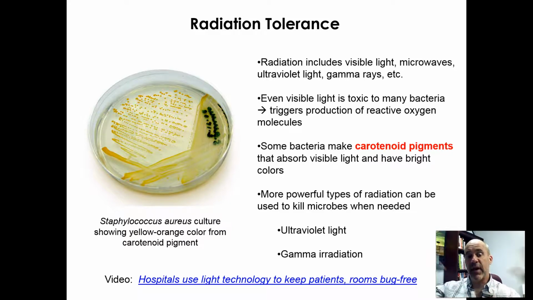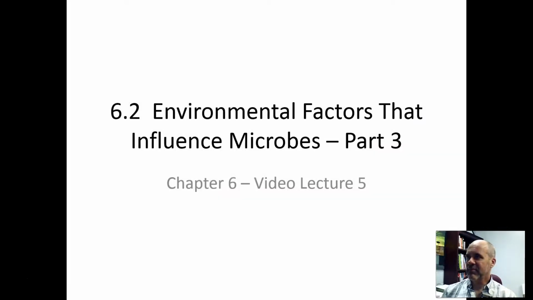You flood the room with intense visible light, and a lot of microorganisms can't handle that, and it winds up killing them. That's pretty interesting, and it's much safer for the workers in the hospital. They don't have to be exposed to ultraviolet light or something more intense.